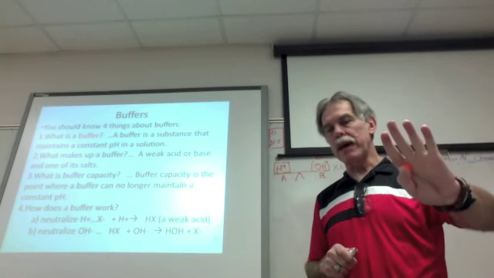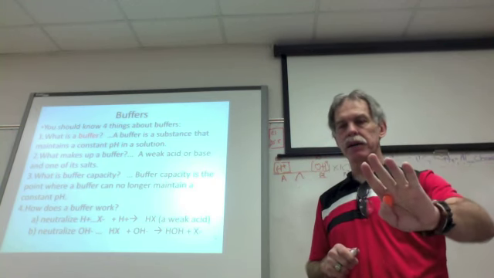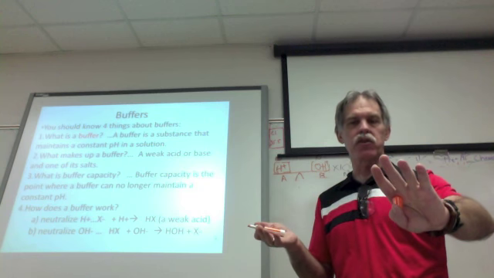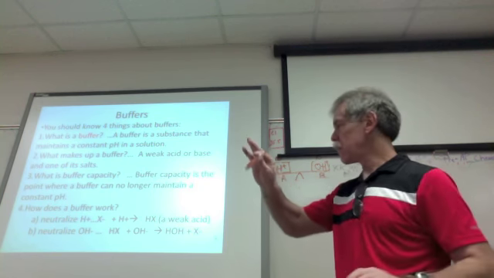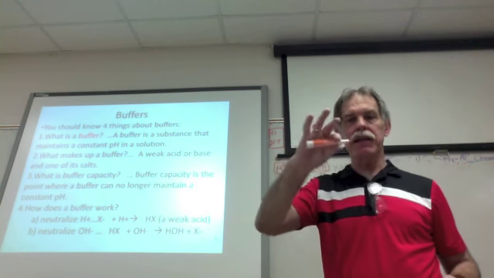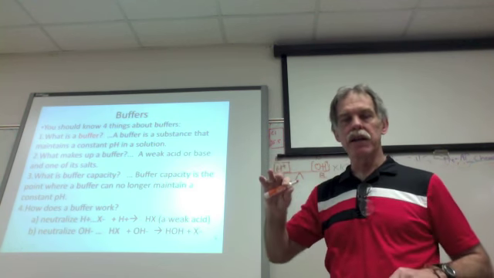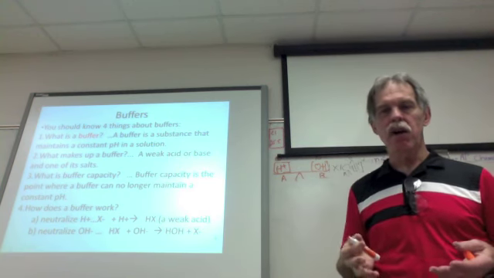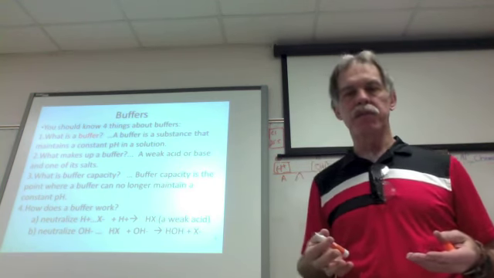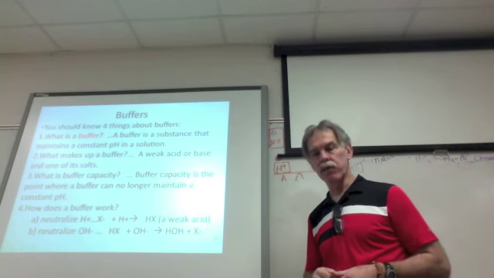So what does OH and H make? HOH, H2O, water. Water is neutral. And then the X minus floats around, and the X minus is ready to neutralize an H+ somewhere. And the X minus doesn't have a major effect on the acid-base nature. So that's how a buffer works.